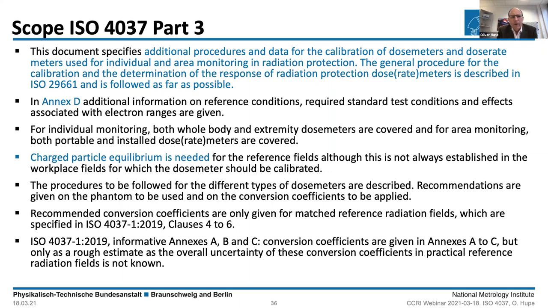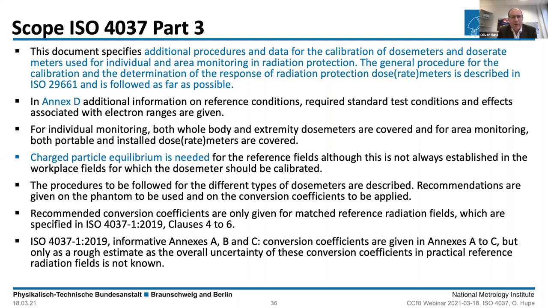This document specifies, in part 3, additional procedures and data for the calibration of dose rate meters and dosimeters. The general procedure for the calibration and the determination of the response of radiation protection dosimeters is described in ISO 29661.